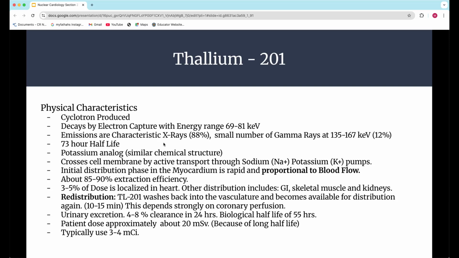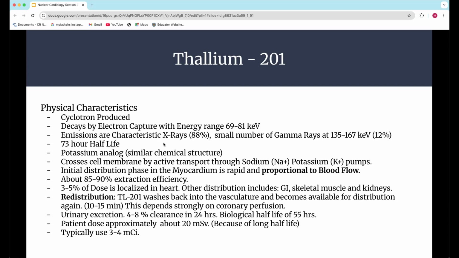So when you inject this and it circulates through the system, the distribution into the myocardium is very rapid. It happens quickly. And this is an important phrase, which is why I highlighted it: it's proportional to blood flow, okay? If you think about what we're doing in perfusion stress testing, we're trying to see, calculate, and quantify blood flow in the heart muscle, right?